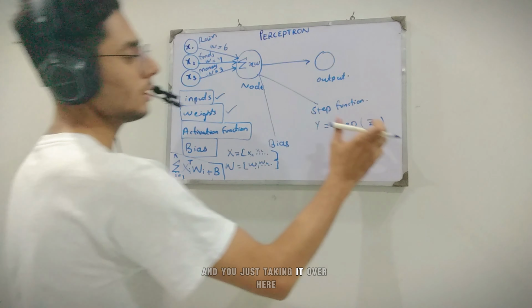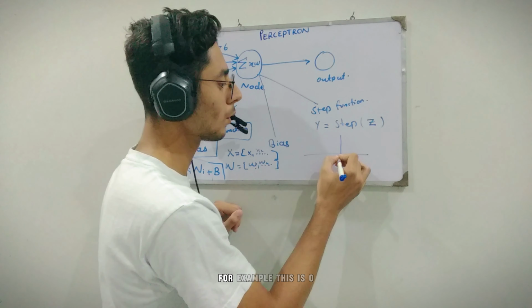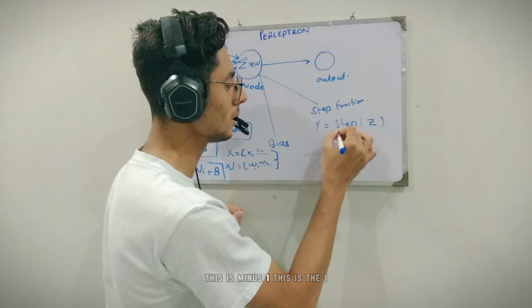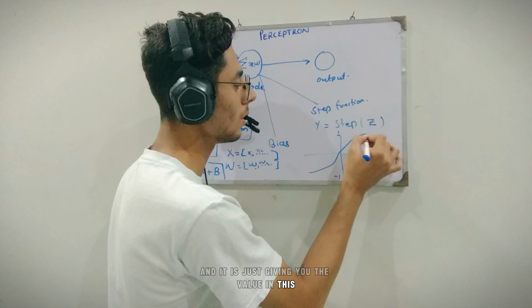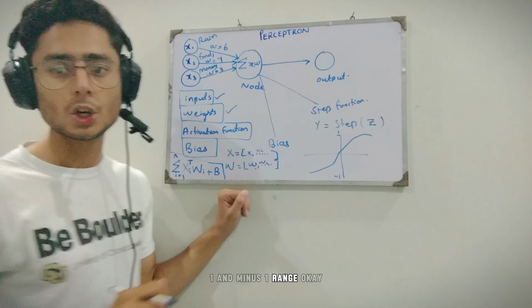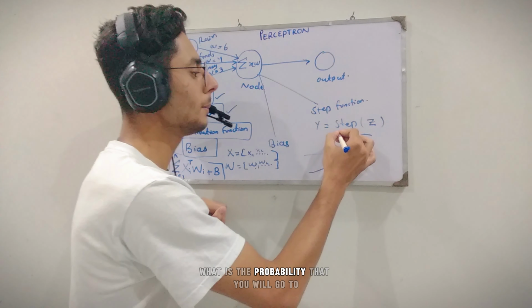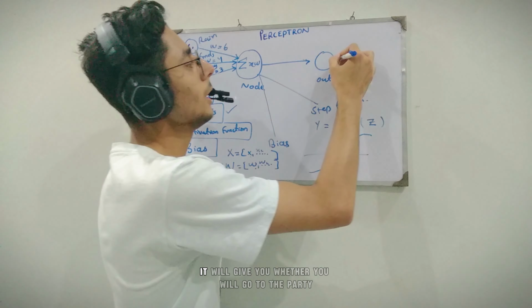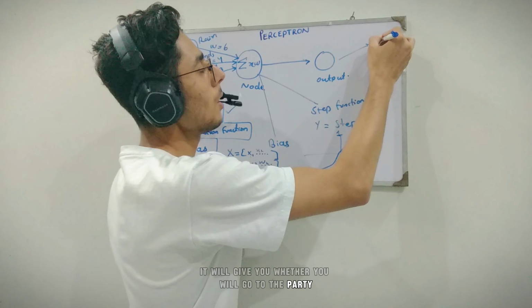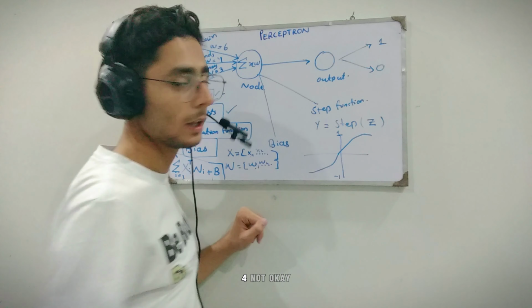So actually the step function takes this and gives you a value. For example, this is 0, this is -1, this is 1, and it gives you the value in this 1 and -1 range. It is saying what is the probability that you will go to the party or not: 1 for going, and 0 for not.